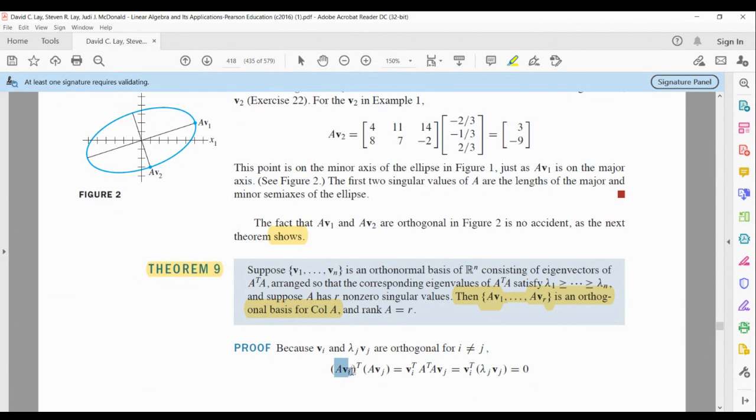If you take Avi transpose and multiply it by the vector Avj, that would equal, since the transpose of a product is the product of the transposes in reverse order, you end up getting this here.